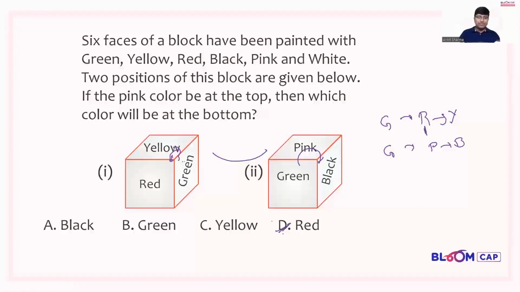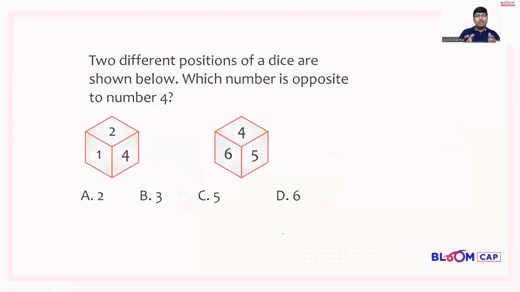Okay. Now, two different positions of a dice are shown. Which number is opposite to 4? You can see only one common face in them. If you go in clockwise direction from here, you will get 4, 5 and then 6. Starting is to be done from the common element.